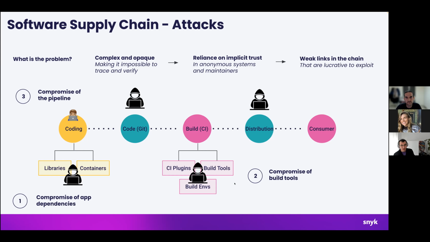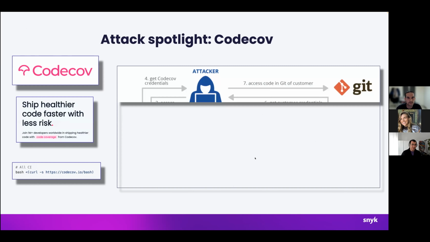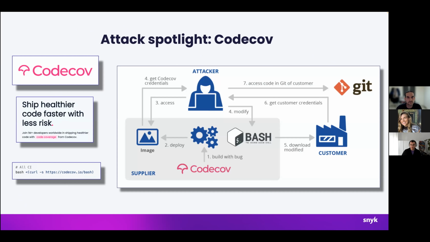So let's take a look at a very famous or infamous example from the past year, CodeCov, and see how this actually transpired in practice. CodeCov, for those that don't know, is an immensely popular code coverage, test coverage tool used by developers. Their recommended way of integrating CodeCov in pipelines was what's called curl to bash.